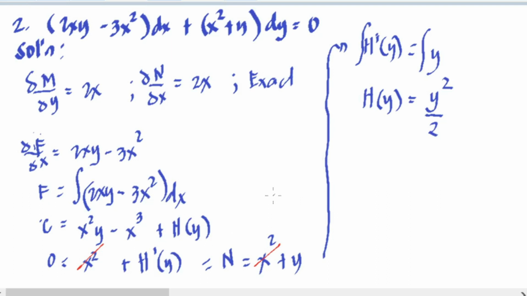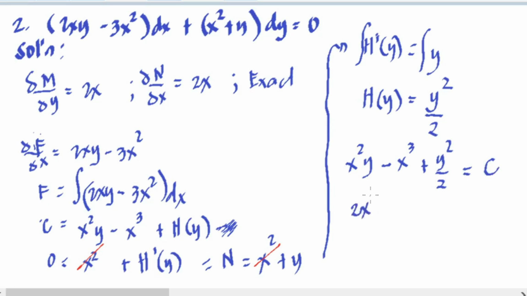And then after that, we have to substitute this one into this equation. So that will be x squared y minus x cubed plus y squared over 2 is equal to c. Now you have the answer. Or you can simplify that further.